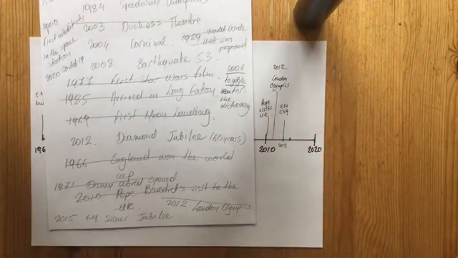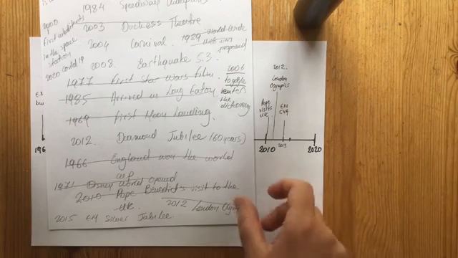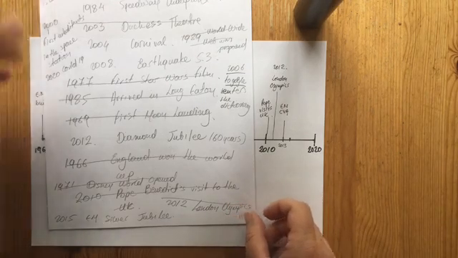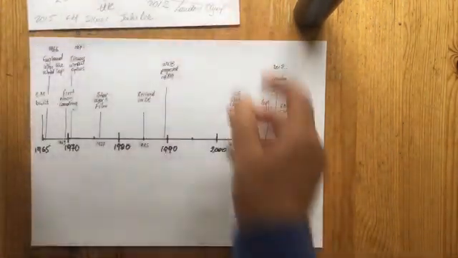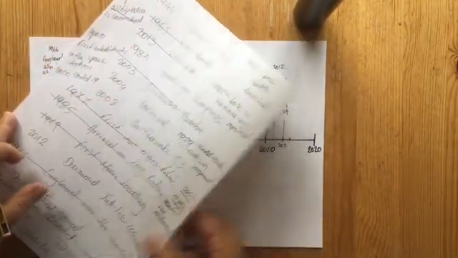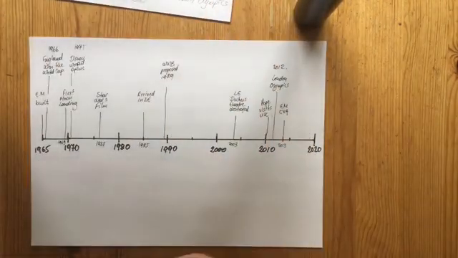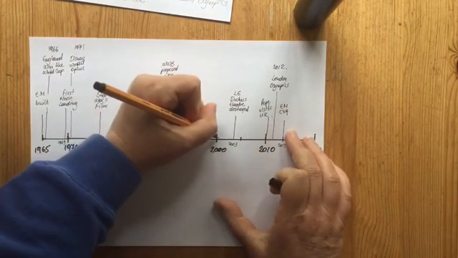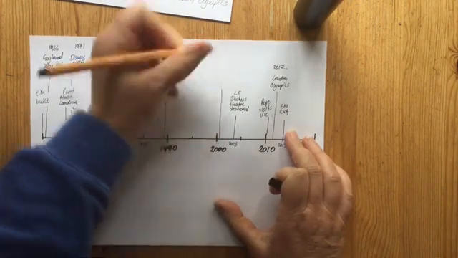Still looking at what else I can add. Doesn't look like I have found much, does it? 2001, Wikipedia is launched. Let me cross this one out. And I know a lot of us use Wikipedia.